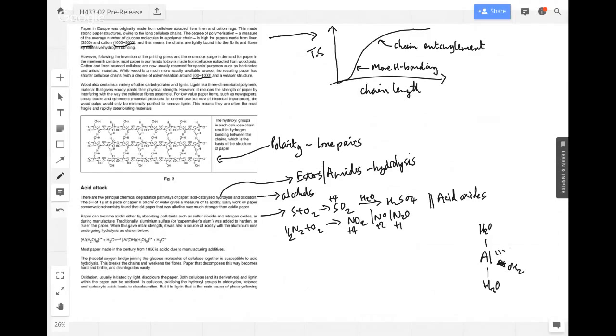This is a group 3 metal, and it can form complexes. So it's not a unique thing. So you might have to draw a complex. So that's that one, and it's got a coordination number of 6.